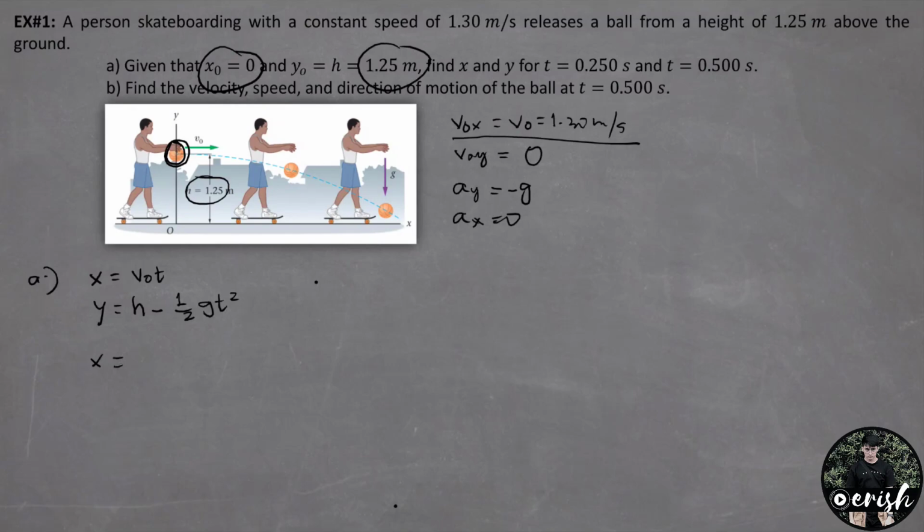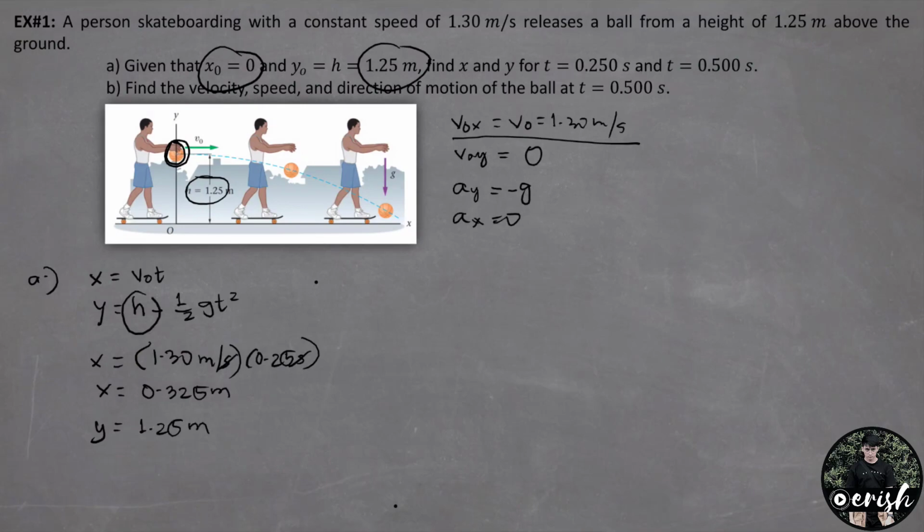For the x position, ang v sub o natin is 1.3 meters per second times the time na 0.25 seconds muna. So we cancel seconds. x is equal to 0.325 meters. For the y position naman, we have 1.25 meters.